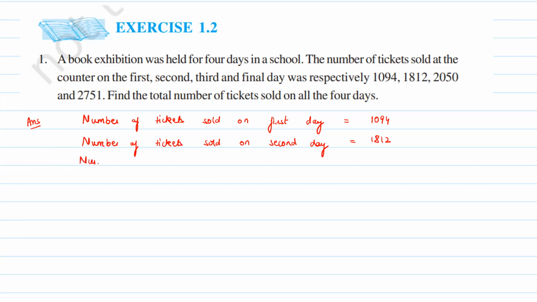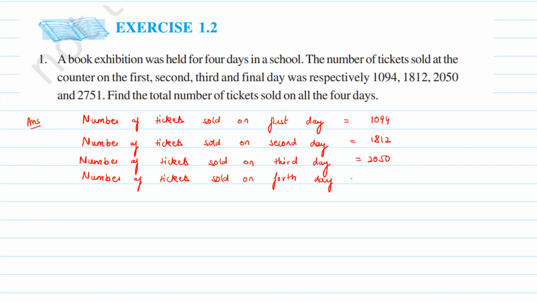Then number of tickets sold on third day, which is 2050, and number of tickets sold on fourth day, was 2751. Now the final answer, final statements.